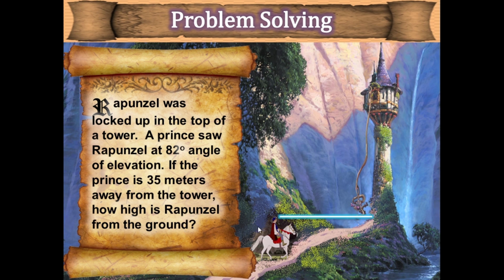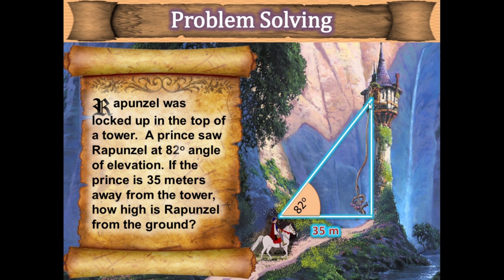So that means the distance between the prince and the bottom part of the tower is 35 meters. And from the angle of elevation of the prince's perspective, the angle here is 82 degrees. Now, the unknown or the problem is how high is Rapunzel from the ground?